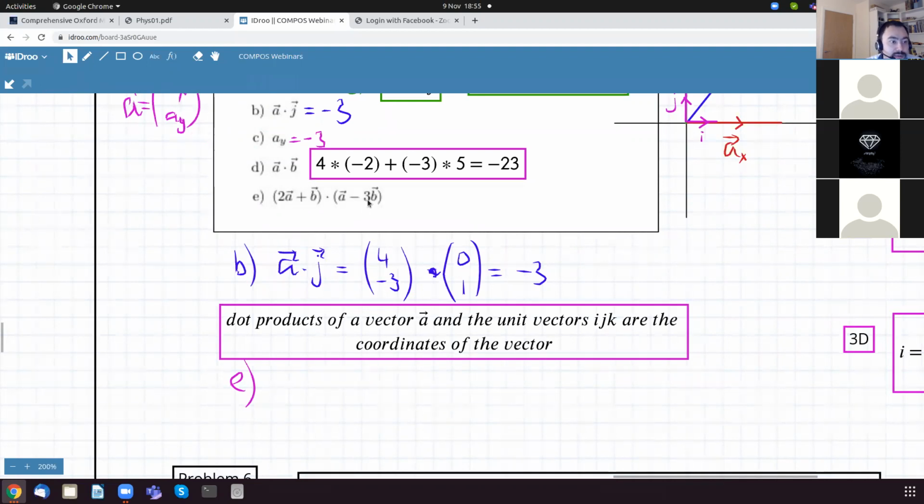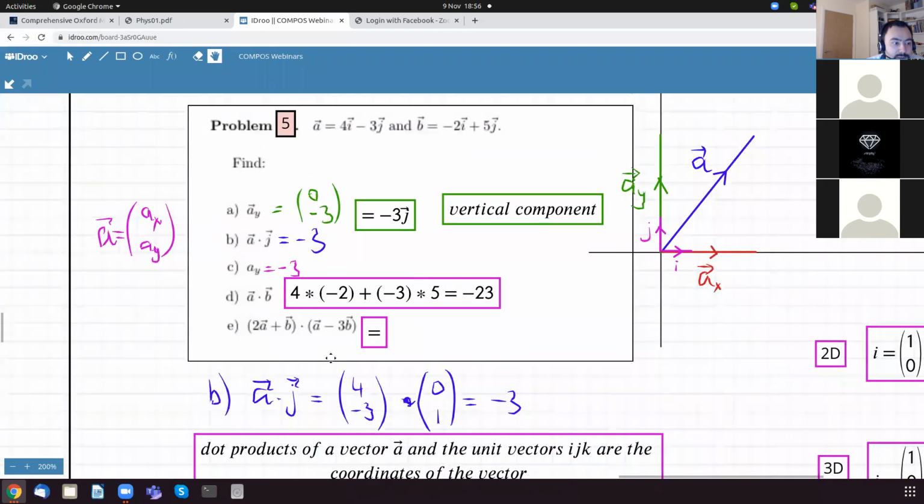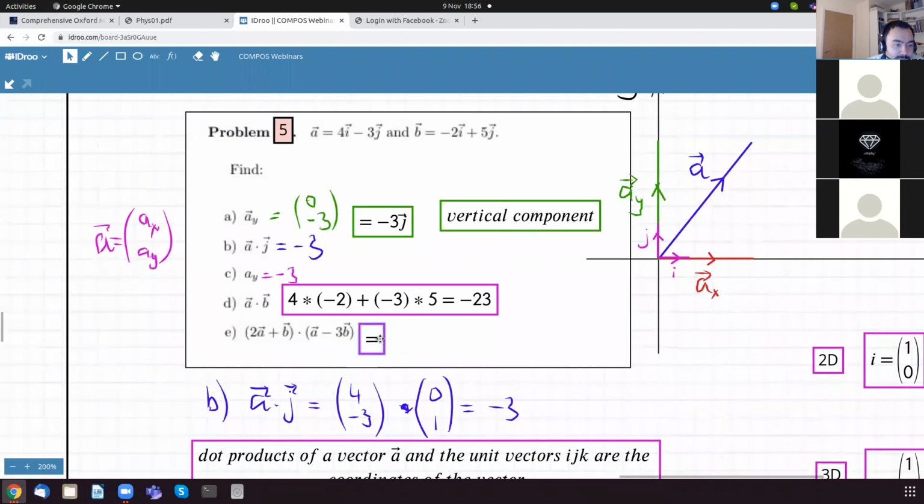But actually, you can also find the vectors first. I think I can do it here, and I'm going to do it straightforwardly. So 2a plus b: 2a is 4i minus 6j, plus b, so minus 2i plus 5j.